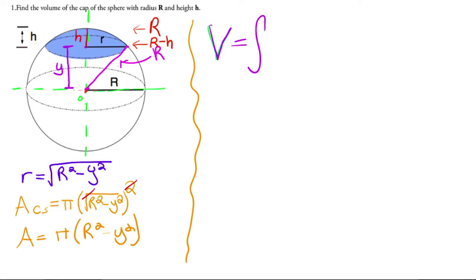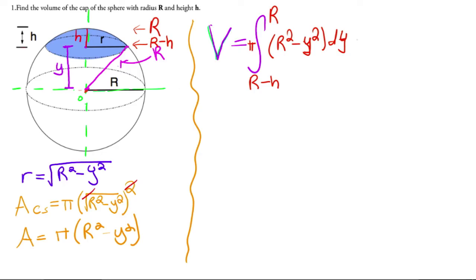So hopefully that makes sense. So this is the integral from R minus h to R of pi times the radius squared, which is capital R squared minus y squared, dy.